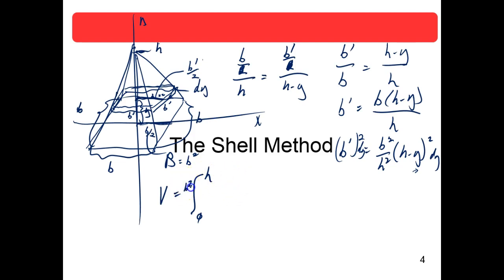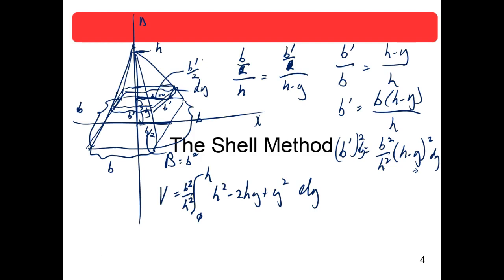And the b squared and the h squared can come out, b squared over h squared. And what we have there is h squared minus 2hy plus y squared dy. Okay? Buy that so far? Squaring the binomial. Okay?